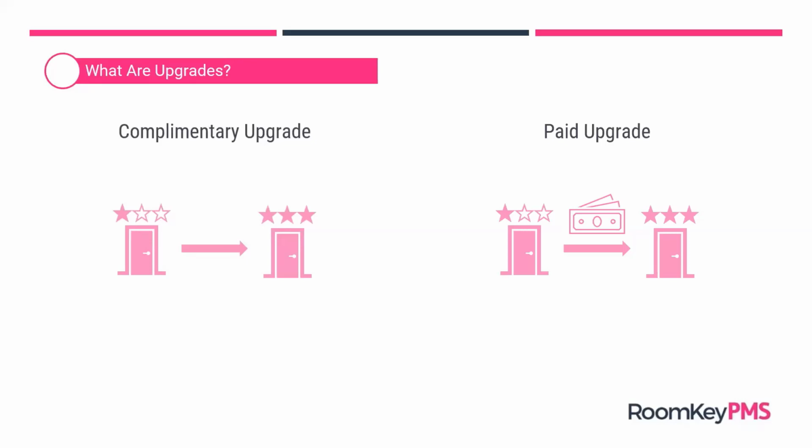You might incentivize upselling or upgrading and having your front desk team offer upgraded rooms at a price for arrivals at the time of check-in. Given this information, these are considered manual forms of upgrading. These require someone, a user inside RoomKey, to manually change to give a complimentary upgrade or a paid upgrade.